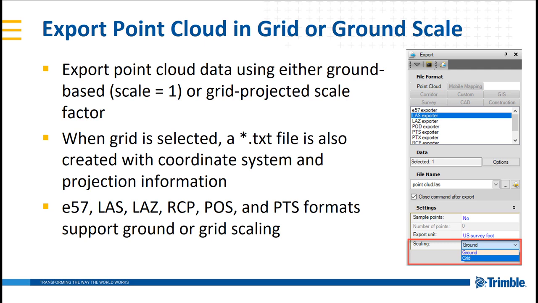Or now, as we get a little more diverse with our point cloud sources and applications, you could enter a grid projected scale factor as well to export those formats. When that grid option is selected, a text file is also created with the coordinate system and the projection information that you've chosen, to keep track of what scale factor those files are in.